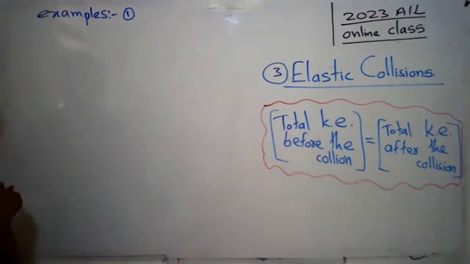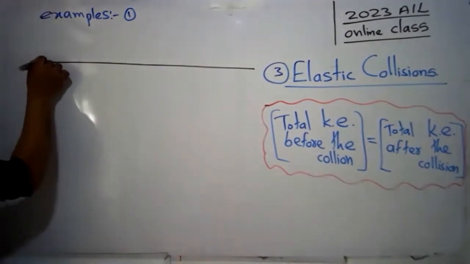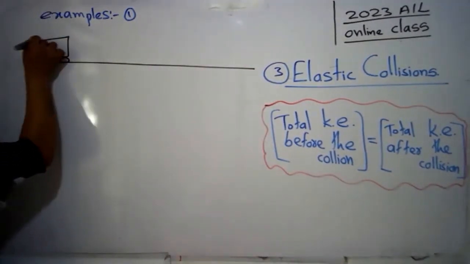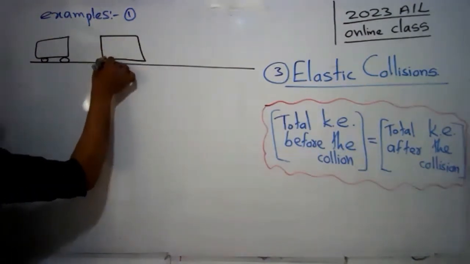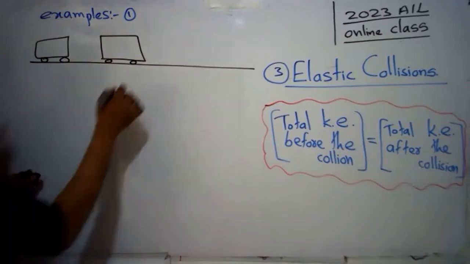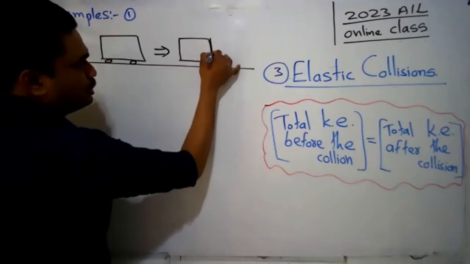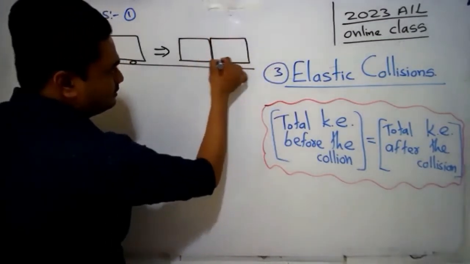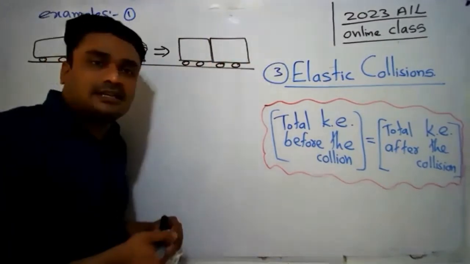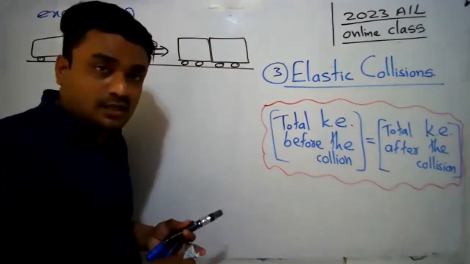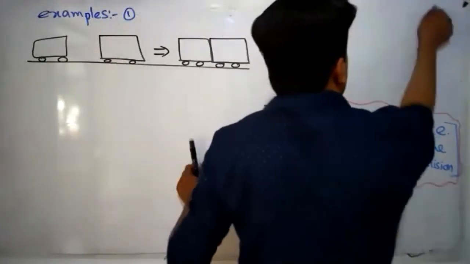Look at the board. Two trolleys travel along the same path into the same direction, and they collide. It is said that the collision is elastic. It means kinetic energy is not wasted.